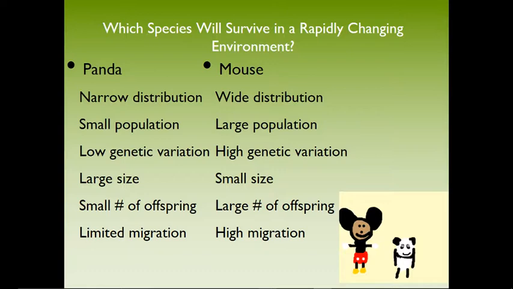The mouse has a wide distribution, so if the environment is only changing in certain areas, they could still survive easily. They also have a large population, so they'd be able to survive much easier, even if a lot of their population was wiped out. I also hope you enjoyed that beautiful drawing there in the corner. It's very nice.